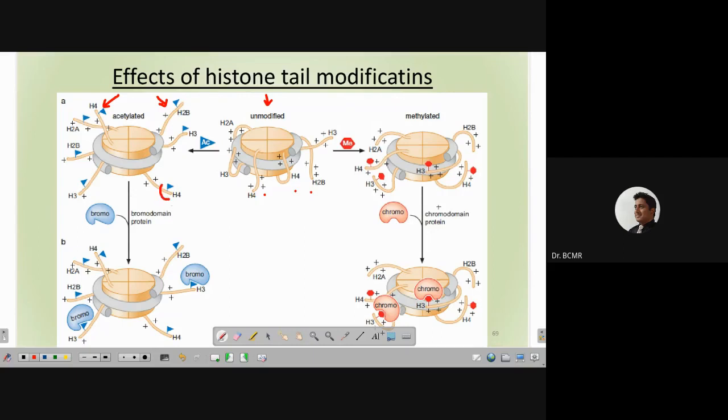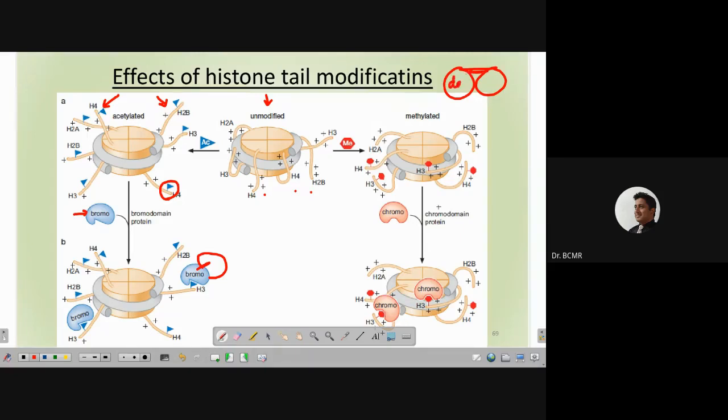That means they are much more open, right, for interaction with other proteins. And here there is an acetylated H4, and what binds to acetylated histone tails? That is any protein containing a bromodomain. That's the name given to that. They can recognize the acetyl group. And then whatever else is attached to that protein, I mean, this is one continuous protein. I hope you know what a domain means. So a protein can consist of more than one domain. It is one single polypeptide.